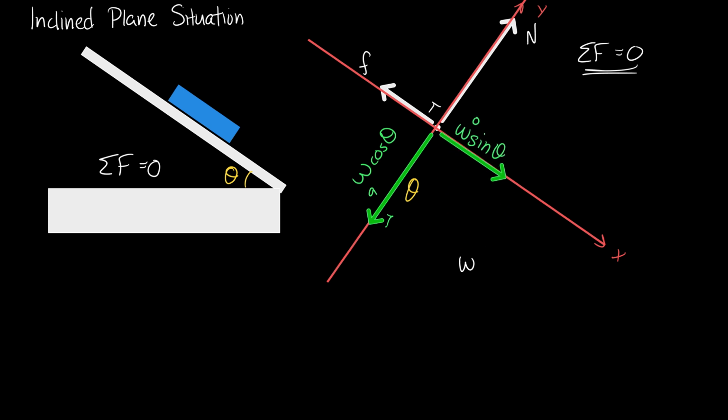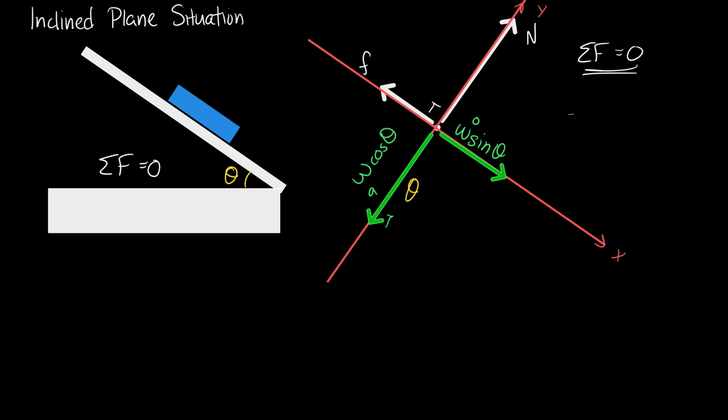I don't want to say it'll be like this every single time, but it'll be like this a lot for inclined planes. The part of the weight that's down the ramp is the part that goes with sine. And the part of the weight that goes into the ramp is the part that goes with cosine. Again, worth memorizing.